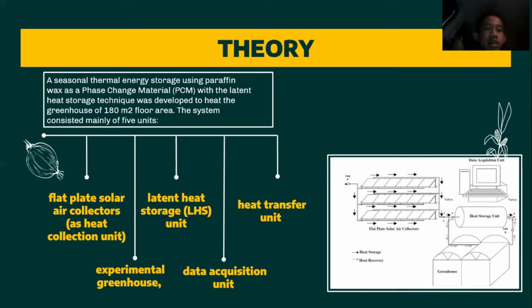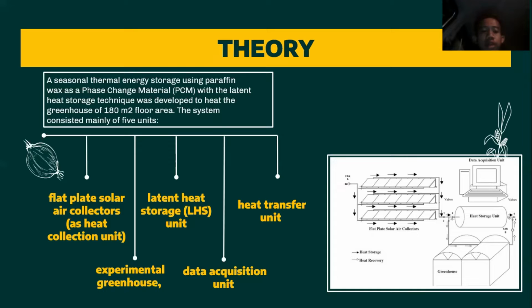Seasonal thermal energy storage using paraffin wax as a phase change material, or PCM, with the latent heat storage technique was developed to heat a greenhouse of 180 square meter floor area. The system consists mainly of 5 units.